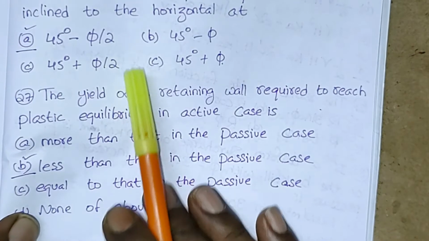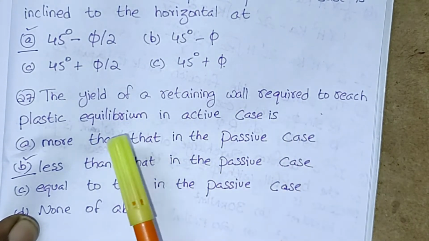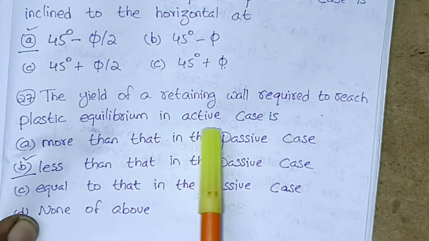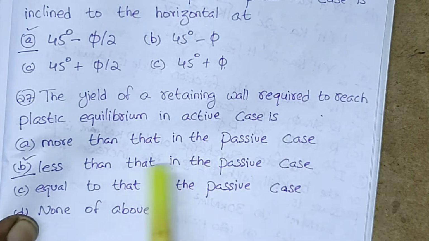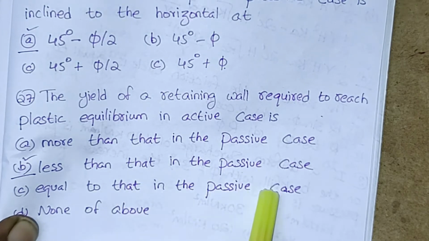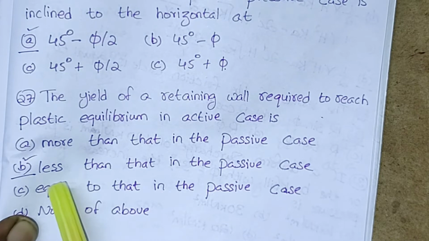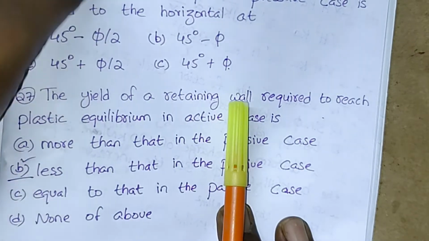Next we will move to the next one. The yield of a retaining wall required to reach plastic equilibrium in the active case is more than that in the passive case, less than that in the passive case, equal to that in the passive case, none of the above. So the correct answer is less than that in the passive case. We will continue now.